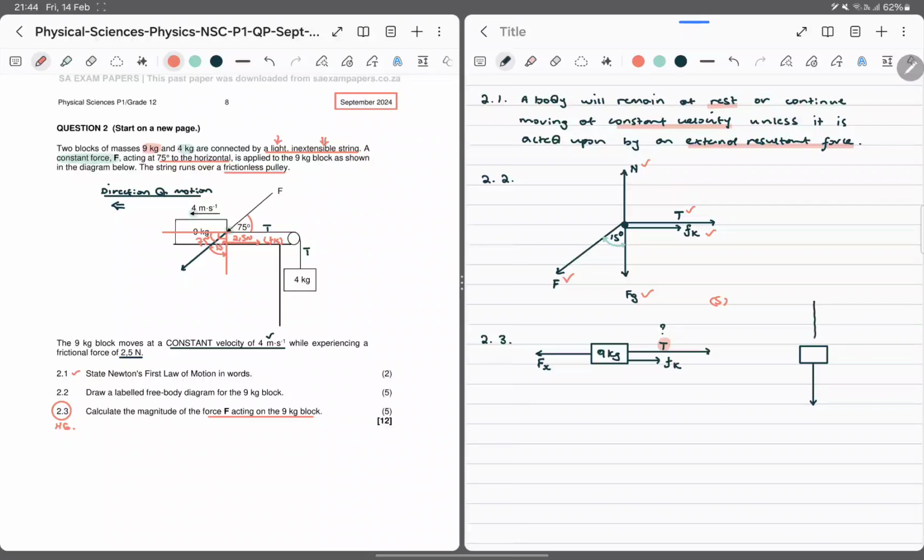So these ones are exactly balanced. Don't worry about the fact that they don't look to be balanced. Okay, maybe they will now. So here we've got the gravitational force of the 2 kg block, and we will have the tension.